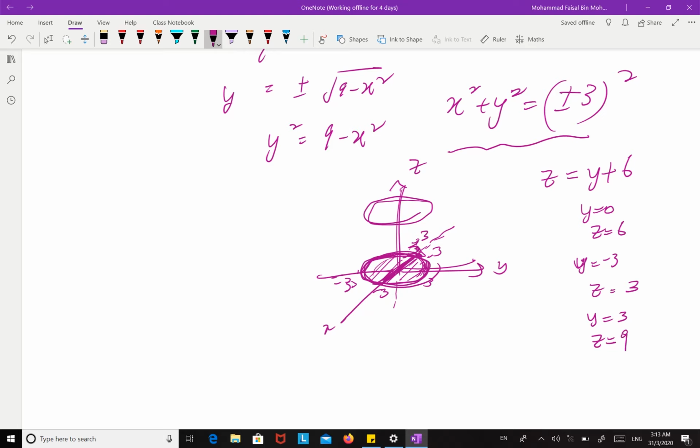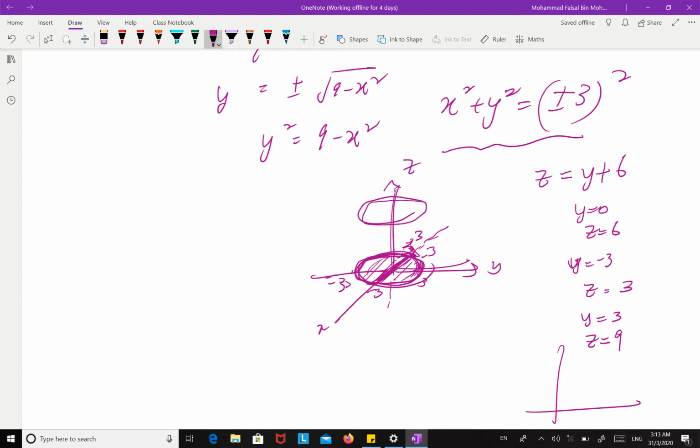So what I can do is, this is a slice part. They are slicing. If you plot this z and y, what do you get? You will have 6 when y is 0. And then when y equals -3, you will get z equals 3.